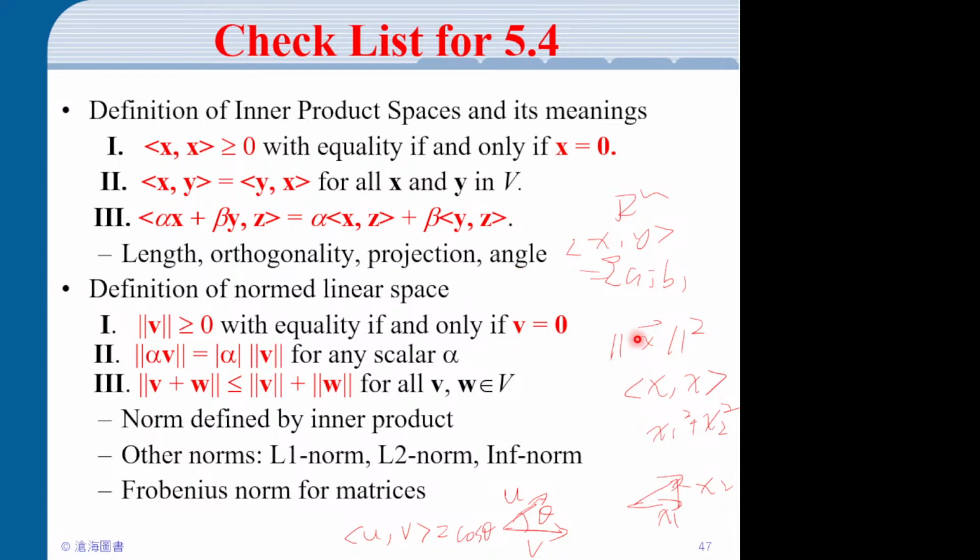So we can define the length of a vector squared from the inner product by just doing this: length squared equals the inner product with itself. Also we prove the abstract version of the Cauchy-Schwarz inequality.